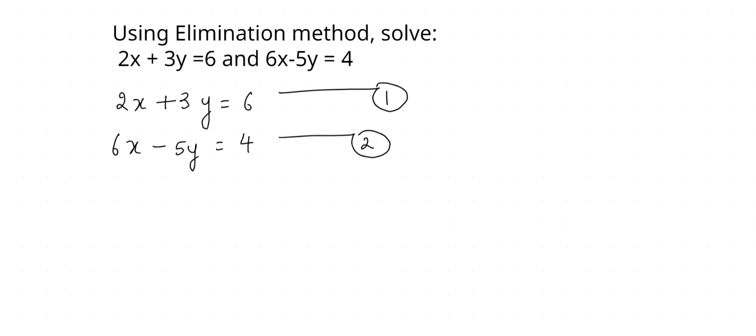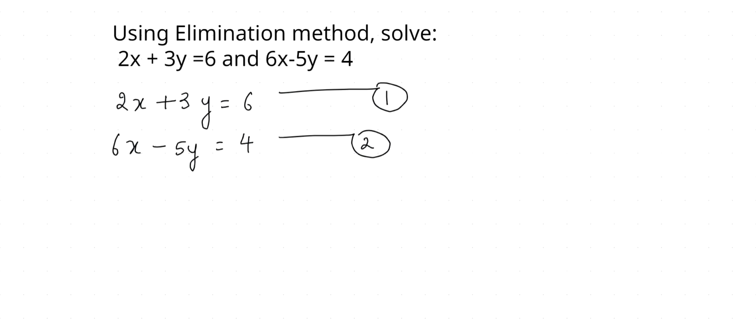Now, the elimination method. In elimination, you decide what variable you want to eliminate. Isn't it? You want to get rid of that variable. So you can decide to eliminate x, or you can decide to eliminate y. If you decide to eliminate, let's say, x, then across both the equations, that is equation 1 and equation 2, you have to ensure that the coefficients of x are the same.